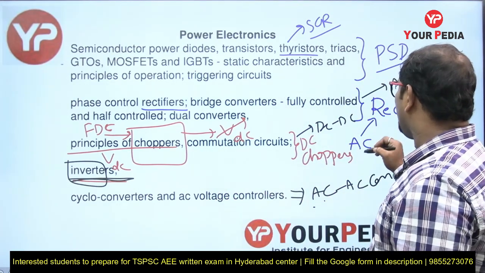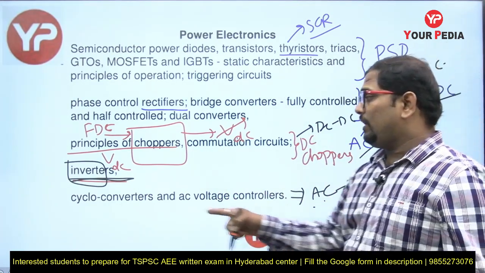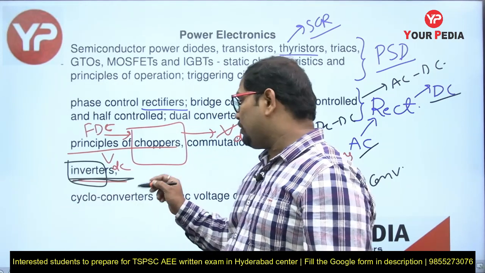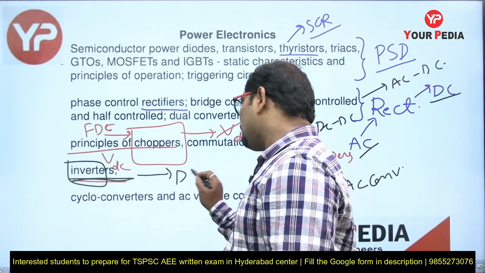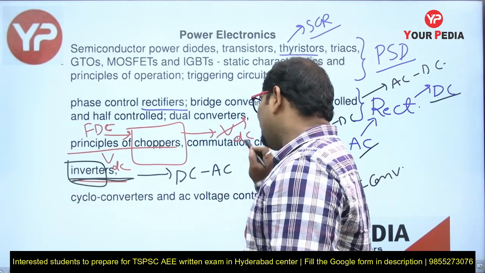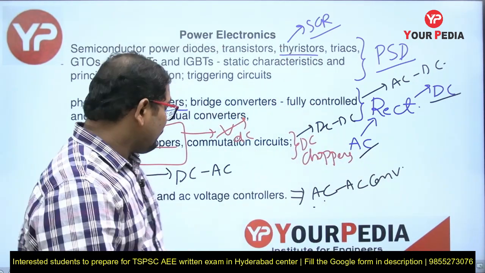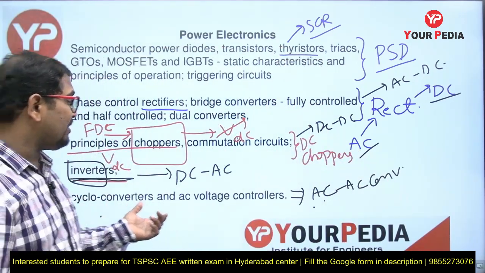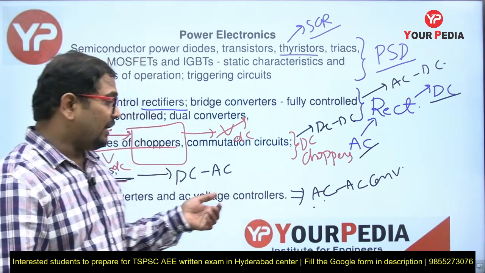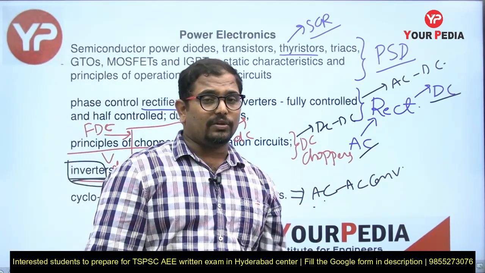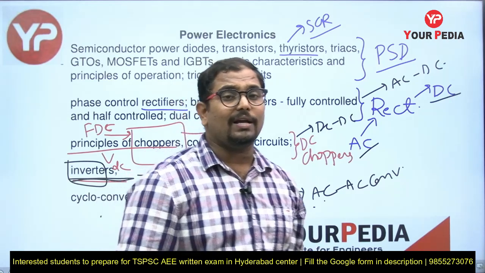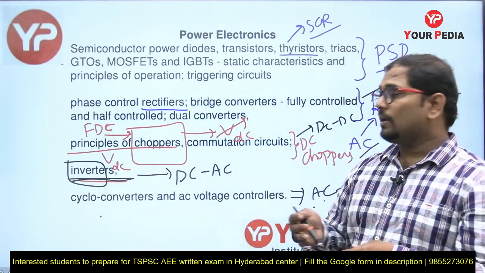Here the input is AC, output is DC. Here the input is DC, output is AC. That's why we call these circuits DC to AC converters. Similarly, for cyclo converters and AC voltage regulators, the input is AC and the output is also AC. That's why these circuits are also called AC to AC converters.